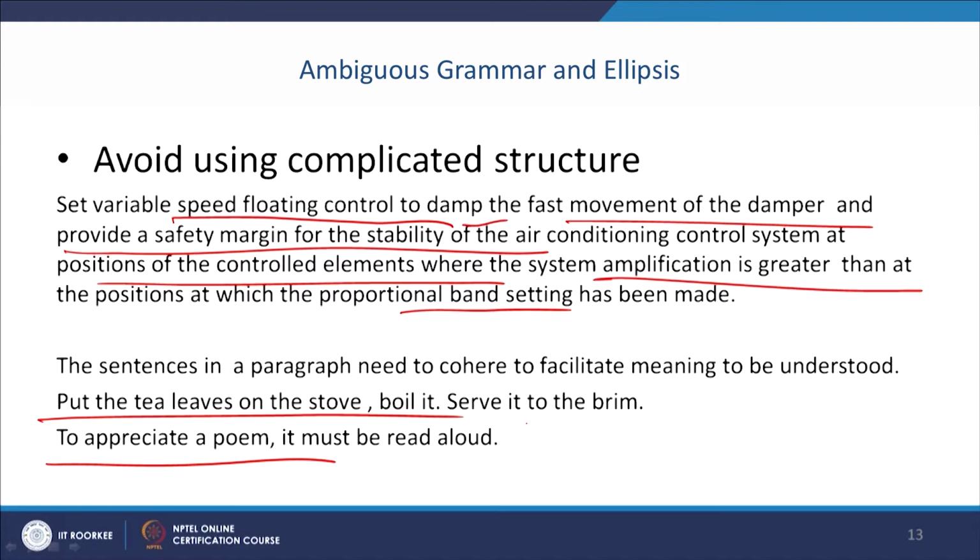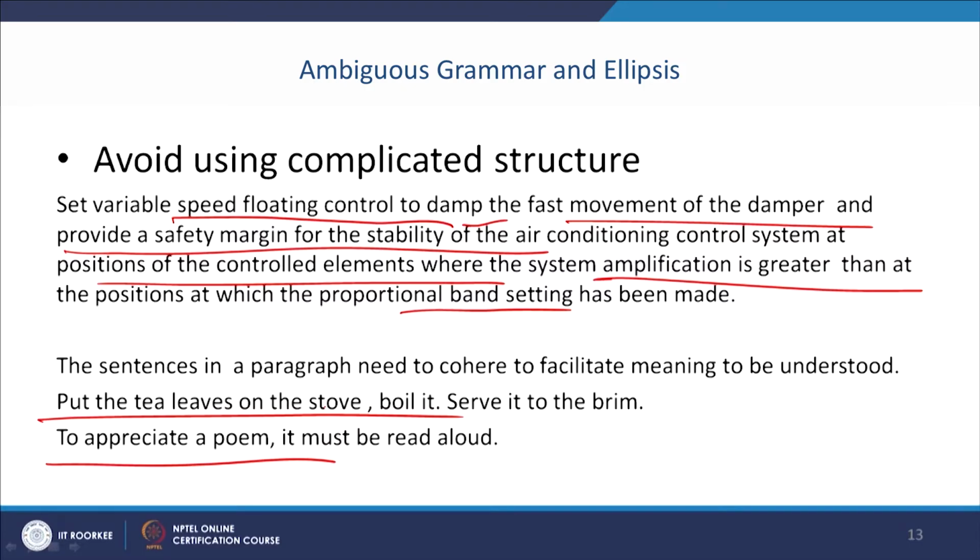Suppose you are giving somebody an instruction as to how tea can be made, and you make use of a sentence like this: put the tea leaves on the stove. What is the meaning? Can you put the tea leaves on the stove? Actually, there is something left out, which in a civilized language we can call ellipsis.